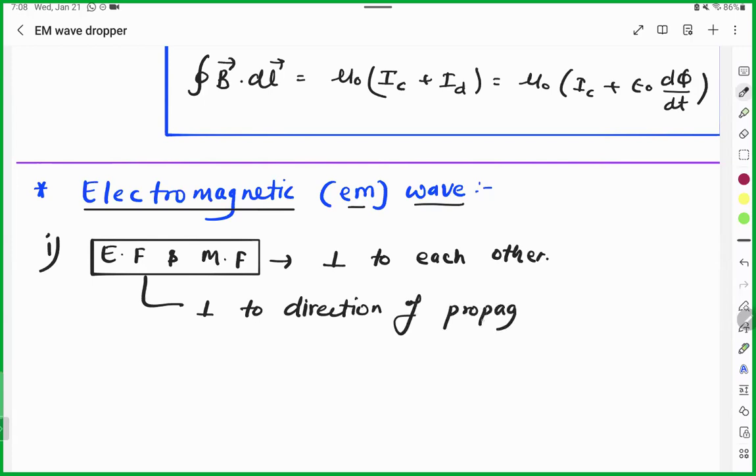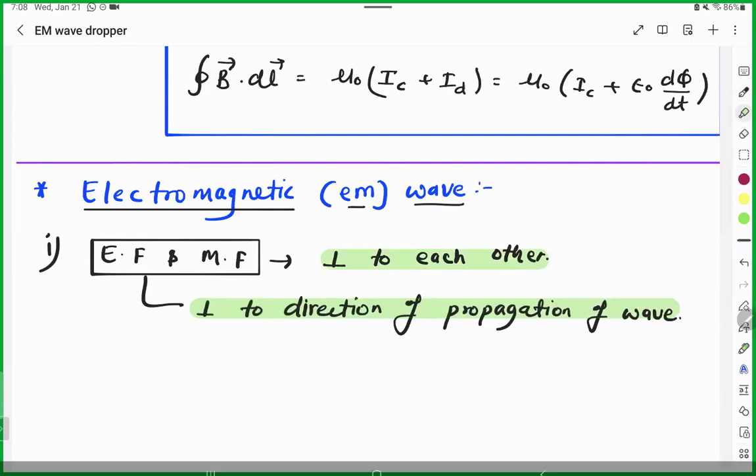Propagation means how the wave is moving. So that is the thing: electric field and magnetic field are perpendicular to each other, and second, they are perpendicular to the direction of the wave motion.